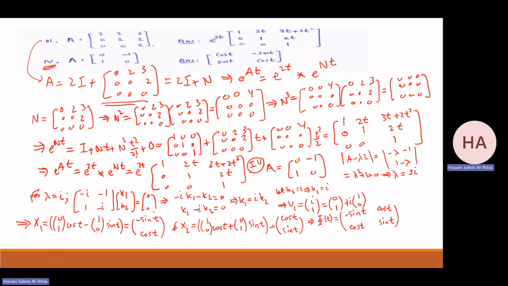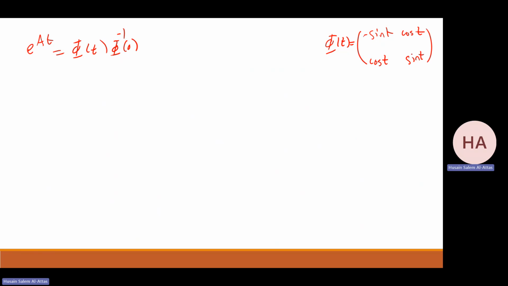Okay. So now e to the power At is Φ(t) times Φ inverse at 0. What is Φ(t)? It's minus sine t, cosine t, cosine t, sine t. What is Φ at 0?